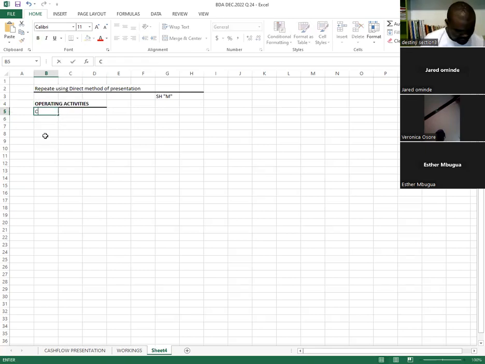So you pick here cash received. Let me lay the format, then we do the workings to fill up. So you say cash received from customers, then cash paid to employees and suppliers, correct?